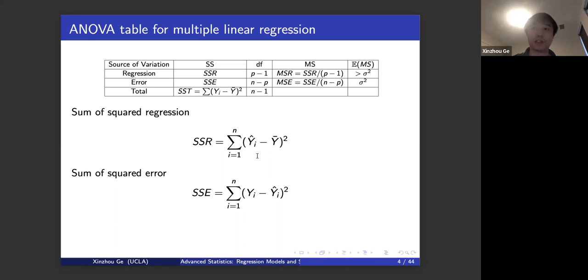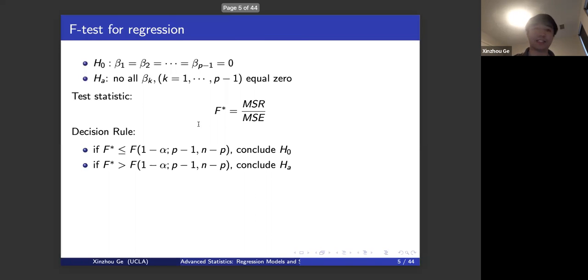If a model is good, then SSR will be large, SSE will be small, so that ratio will be large. On the other hand, if the model is bad, then SSR will be small and SSE will be large, and the statistic will be small. So that is the intuition for the F statistic.